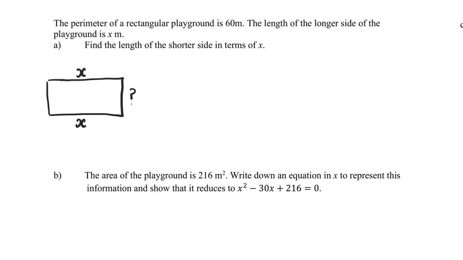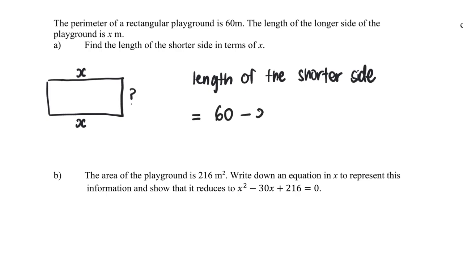Yep. So the length of the shorter side will be equals to 60 minus x minus x. And after that, I will need to divide by 2.